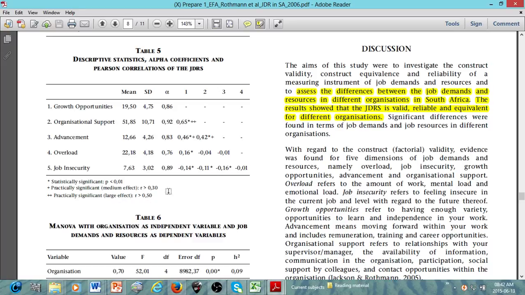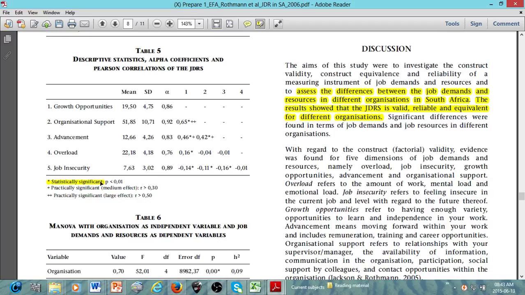Now let's look at the comments at the bottom. Here they say this is an asterisk. If an asterisk is present next to the correlation coefficient, it means that the correlation coefficient is statistically significant. What statistically significant means is that the correlation did not just occur by random chance.